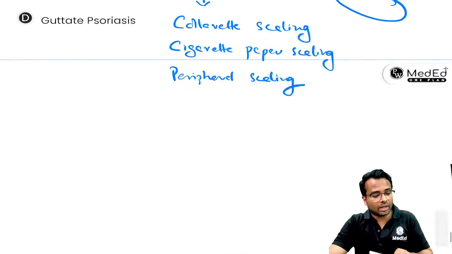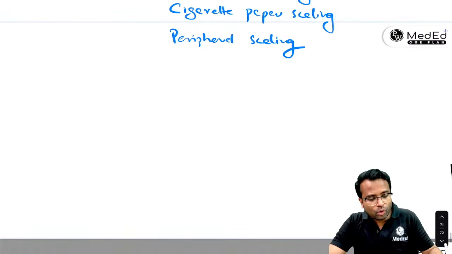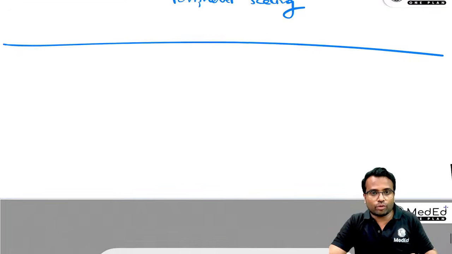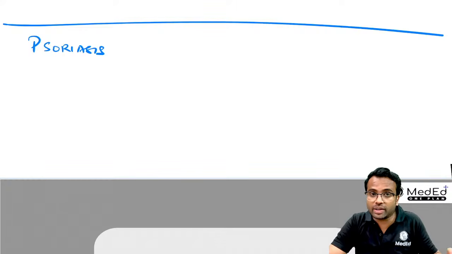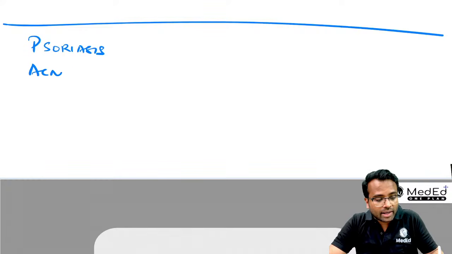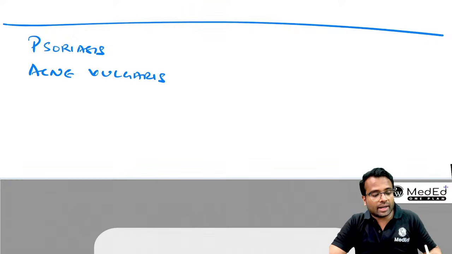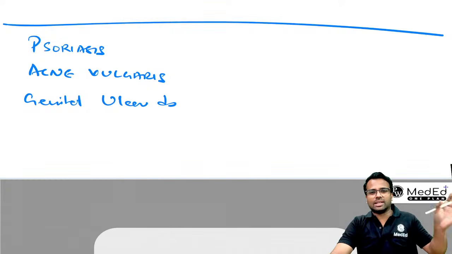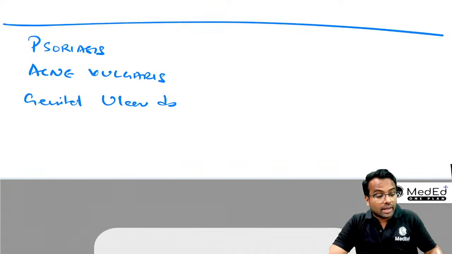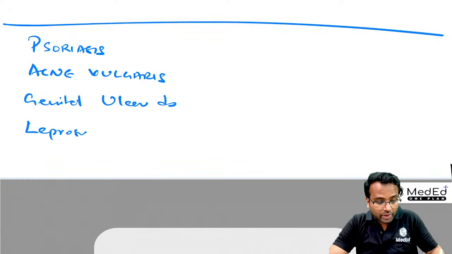and make sure that the concepts are very clear. Before we wind up, a few important things before you go for your exam: please make sure that you go through topics like psoriasis, which is very, very important; acne vulgaris, which you always get questions on these days; and genital ulcer diseases, like painful ulcers and painless ulcers. Leprosy is again a very important topic.